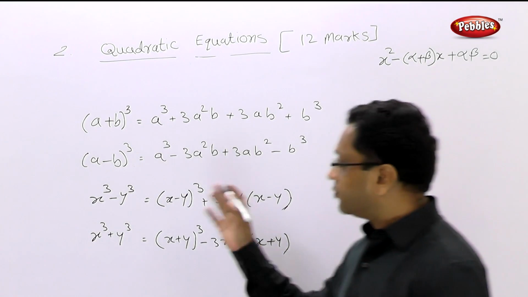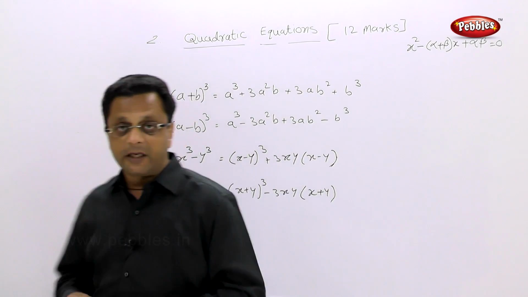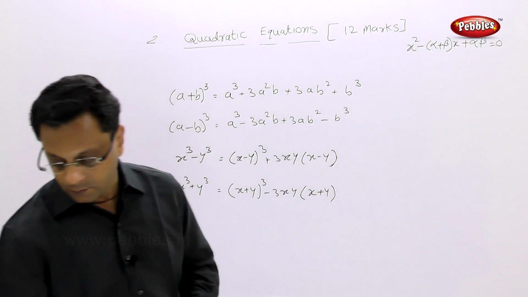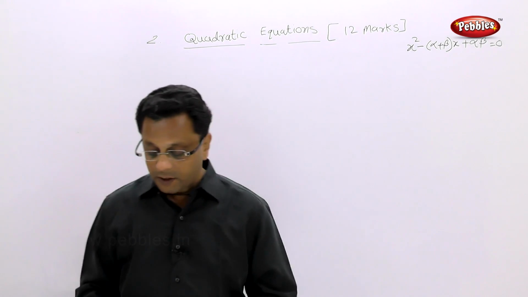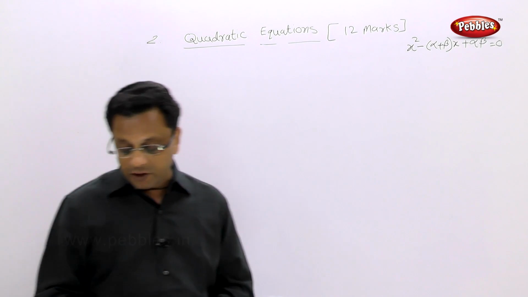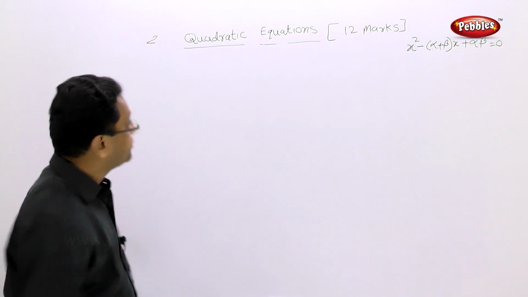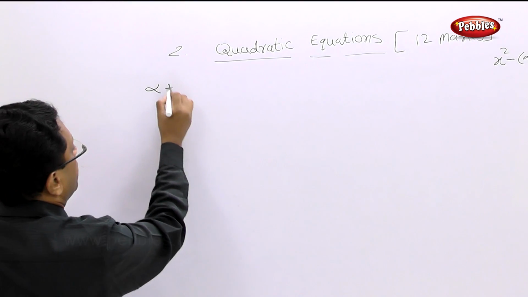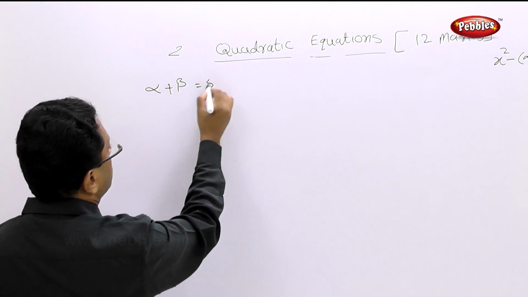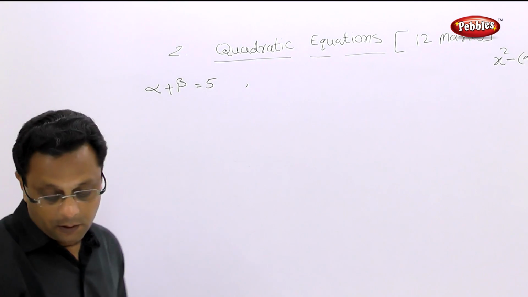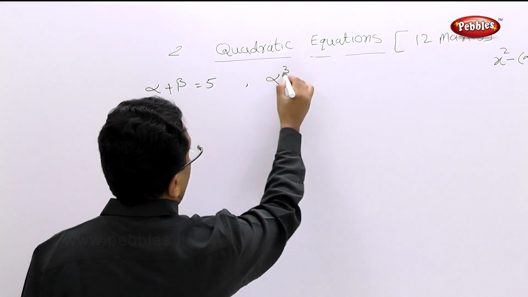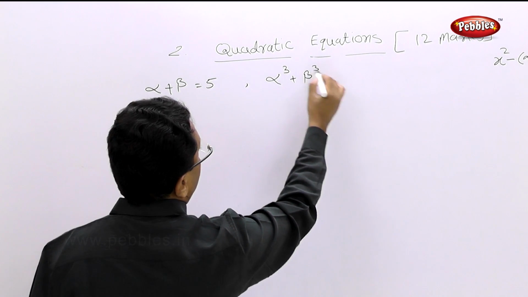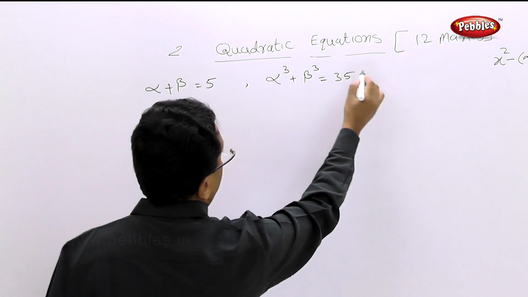Let us do one example based on cube. The example is: alpha plus beta is equal to 5 and alpha cube plus beta cube is equal to 35.